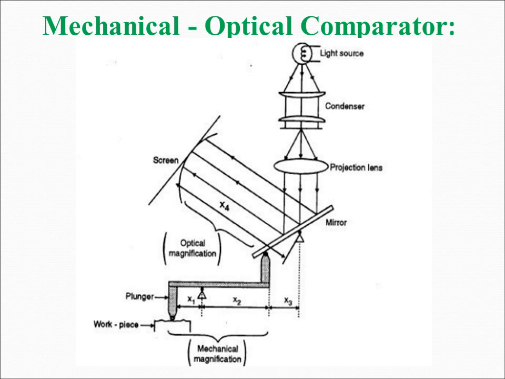Of course, the workpiece dimensions are always compared with standard dimensions. So if there is a difference between the standard dimension and the workpiece dimensions, it will be sensed by the plunger which is in contact with the workpiece. It magnifies it by a certain mechanical magnification, and this dimension difference is again magnified by the optical magnification system. Let us see here.